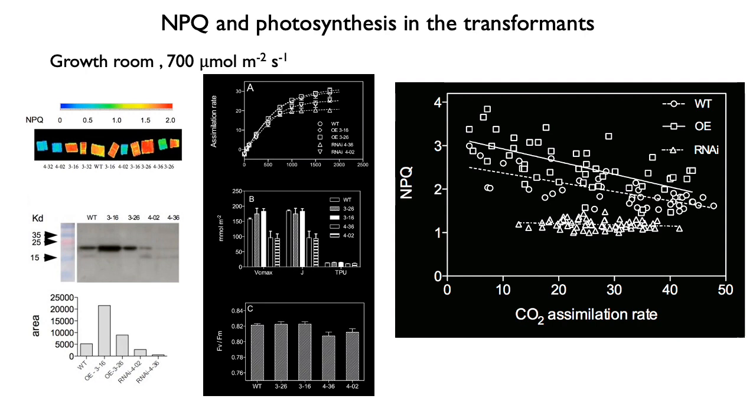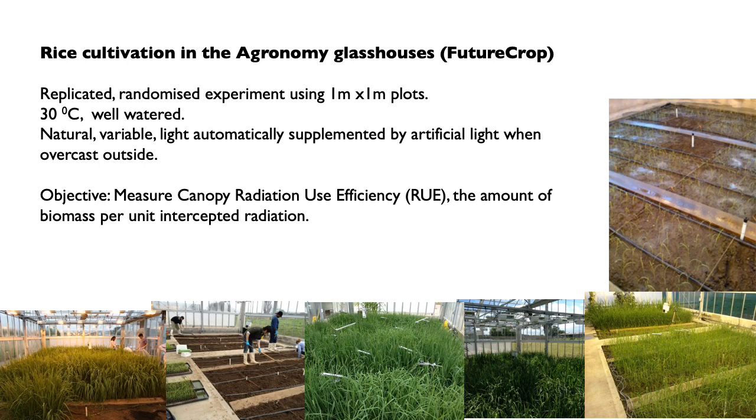However, we did note in a glasshouse that when we tried to plot NPQ against CO2 assimilation rate, the higher the CO2 assimilation rate, the lower the NPQ value tended to be. To test the impact of the overexpression of PSBS on rice in the field, we could not do this in the field, so we used an agronomy glasshouse at the University of Nottingham, where we had supplementary light to increase the light level.